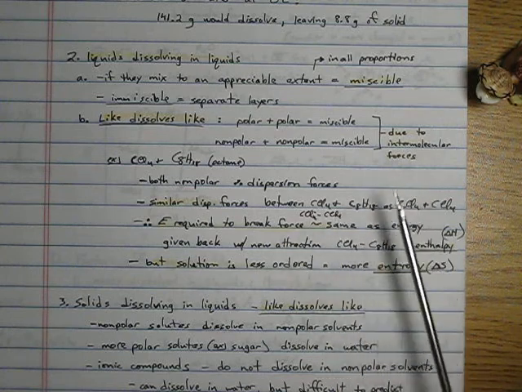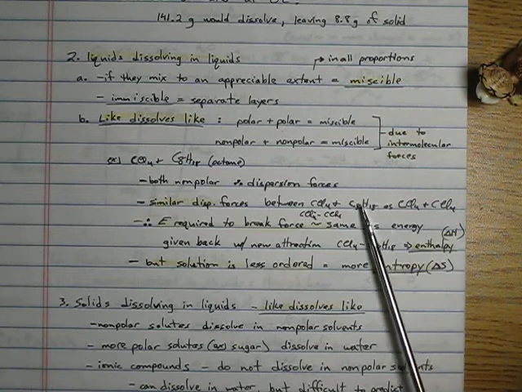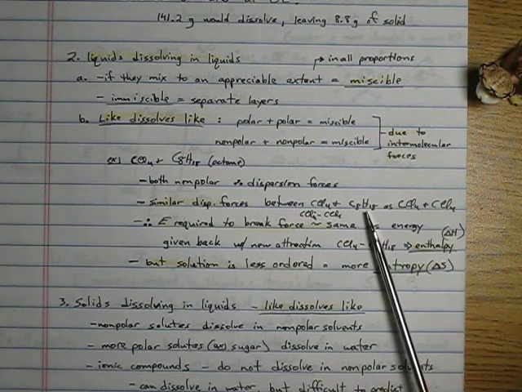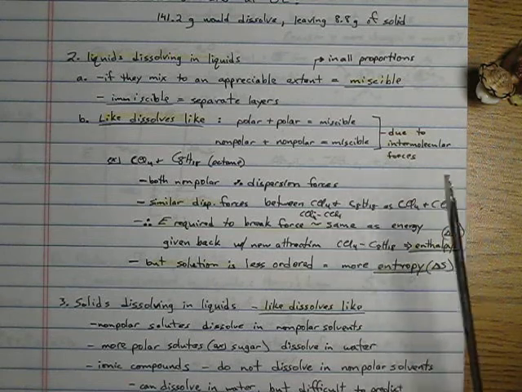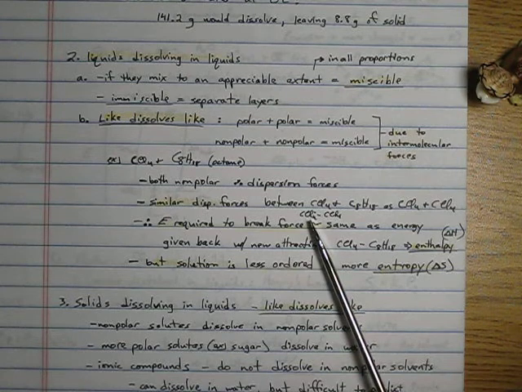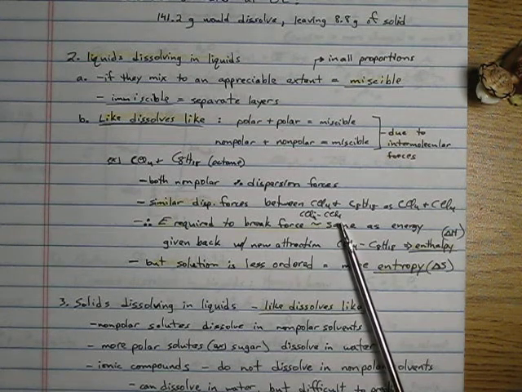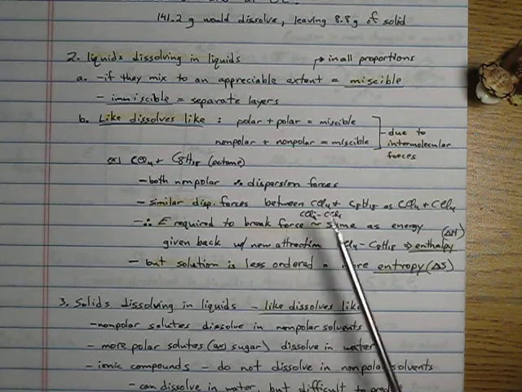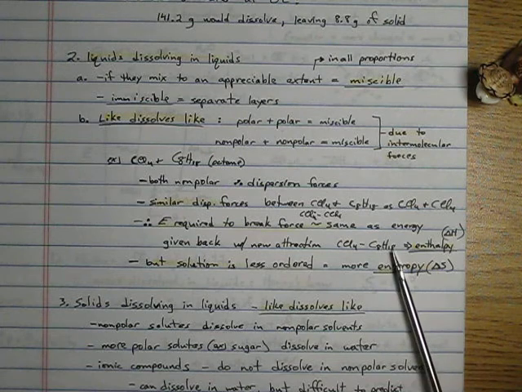The deal is, if you have a bunch of C8H18s and they are attracted to each other through dispersion forces, if you mix those two, the energy required to break the carbon tetrachloride dispersion force attraction to the other carbon tetrachloride is the same energy you would get back when a carbon tetrachloride interacts with a C8H18.